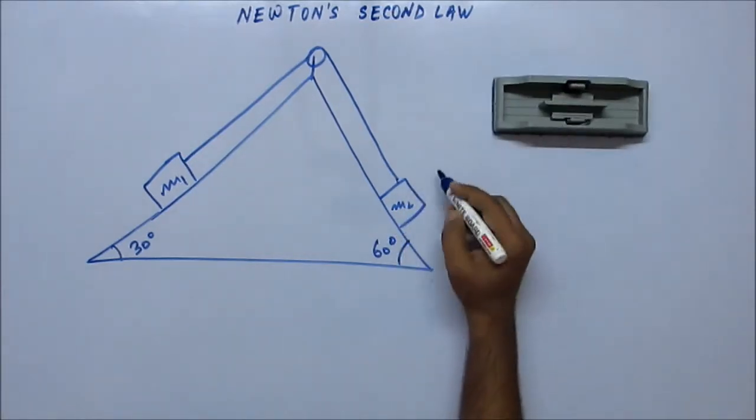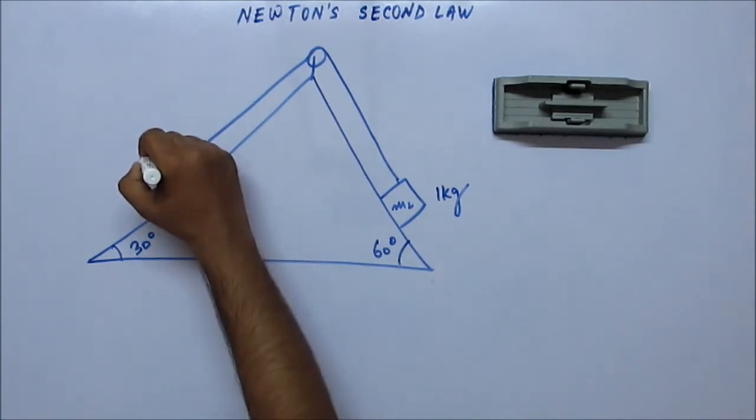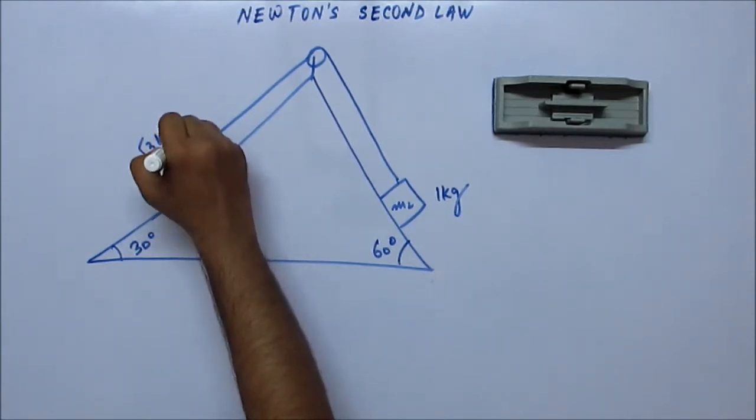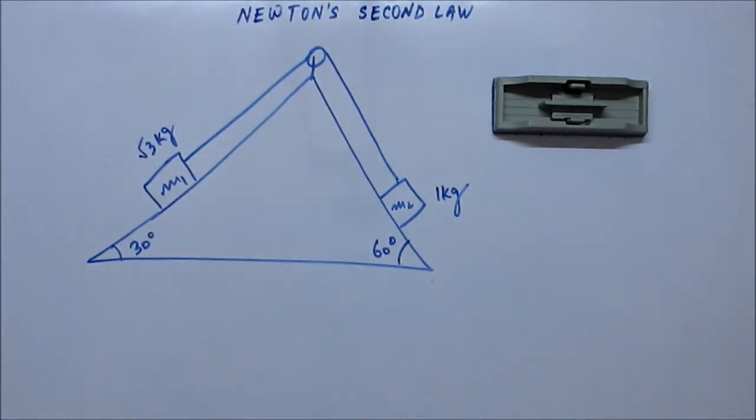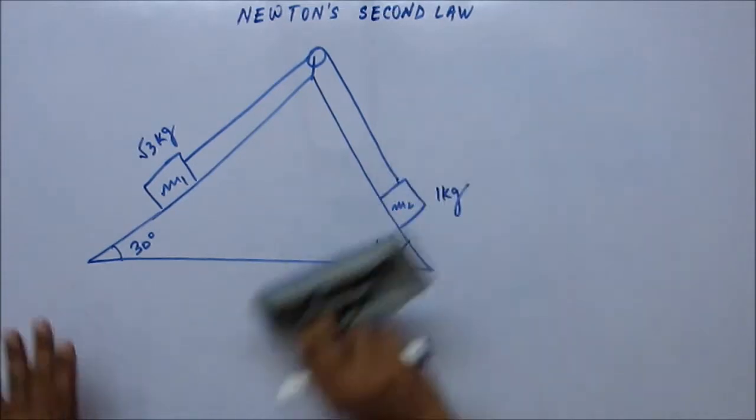Suppose the mass of M2 is given as 1 kg and the mass of M1 is given as √3 kg. Now you have been asked, what is the acceleration with which the block string system will move? This wedge is fixed on ground. This is not moving.